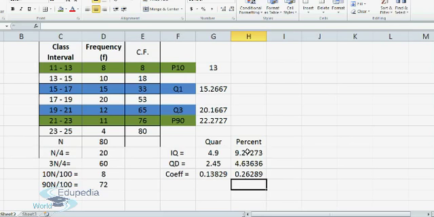We are not using all the numbers, we are just using certain selected numbers to find the range, and we do not have much mathematical treatment. Therefore this is not the most suitable measure of dispersion, but it is one of the measures of dispersion which we needed to know.